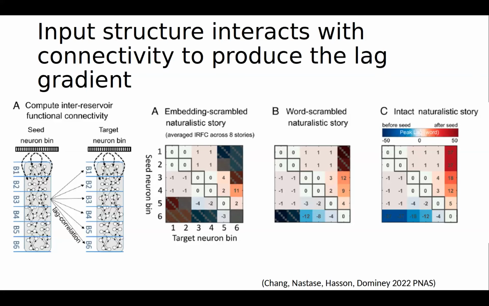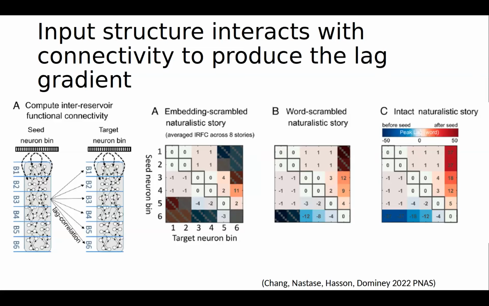What that means is that it's not only the physical structure of connectivity, but the semantic structure coded in the vector structure of these word embeddings that's necessary to produce this lag gradient. The way to visualize that is, imagine in the input that you're in a scene out fishing in the ocean, and then now we're inside in the warm cabin.